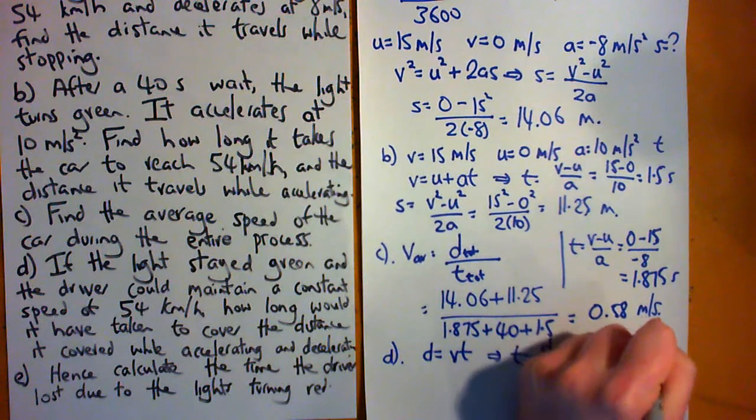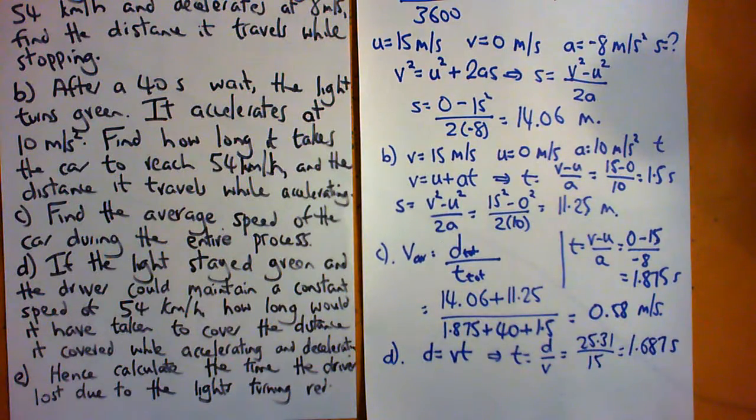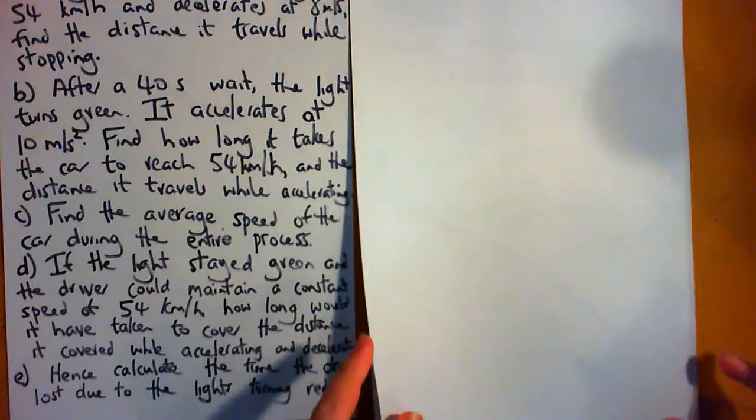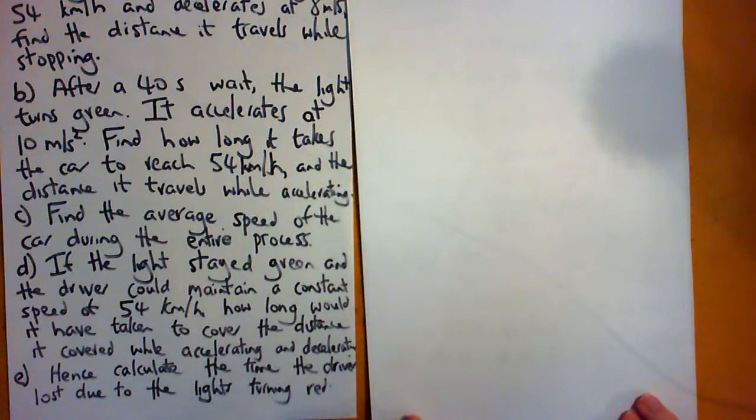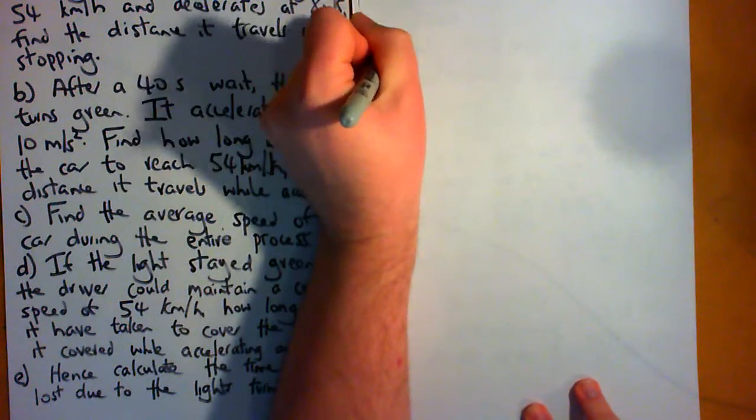Calculating that gives us 1.687 seconds, which is how long it would have taken them to travel that 25.31 metres at a constant speed if the light had not turned red there.